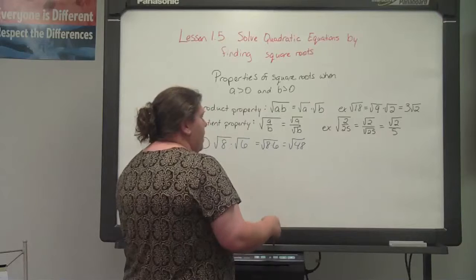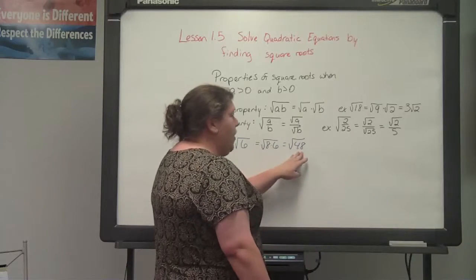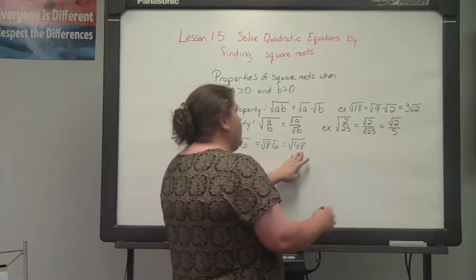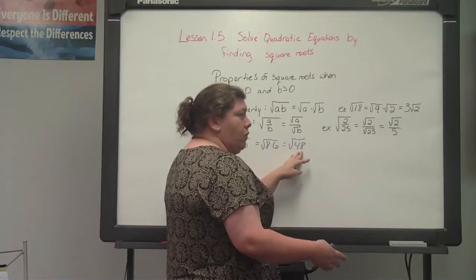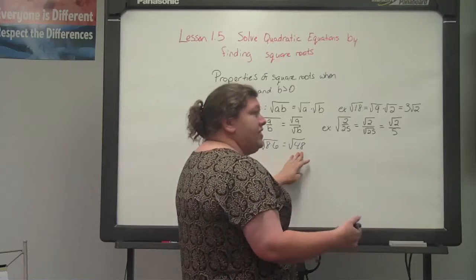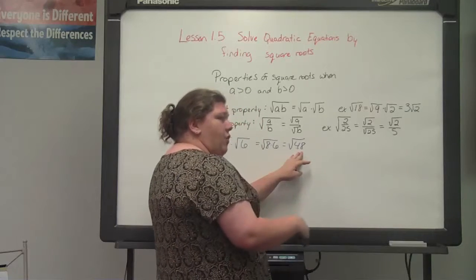Can we say 3 times 3? 3 times 3 is 9. 48 is not divisible by 9. So let's go again and try 4 times 4, which is 16. 4 times 4 being 16, we have 3 16s within 48.